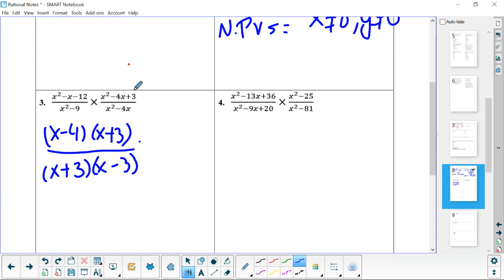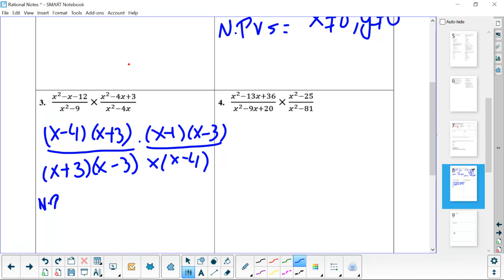Now factors of x squared minus 4x plus 3 are x minus 1 and x minus 3. And for x squared minus 4x, I'm going to bring x out, and inside the bracket, I will be left with x minus 4. Before I cancel out the common factors, I will determine my non-permissible values.